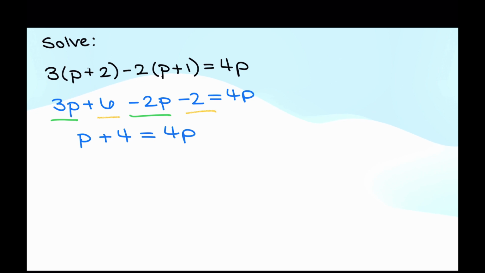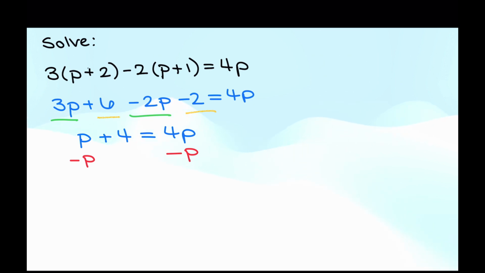Now we want all the variables on one side and the constants on the other side. Now, in the previous examples, I always put the variables on the left side and the constants on the right side of the equation, but it actually doesn't matter which side you put your variable on.